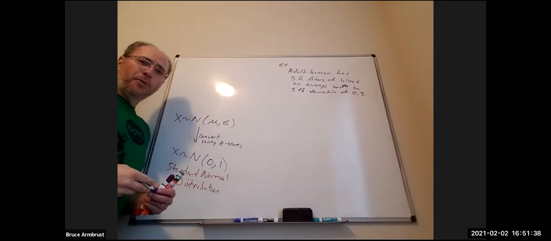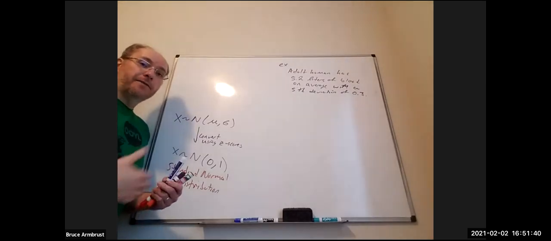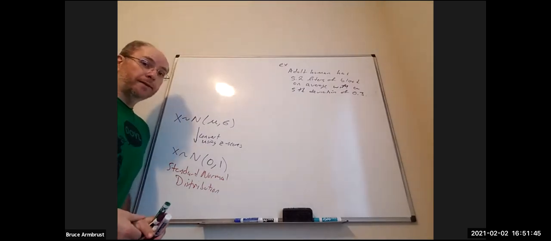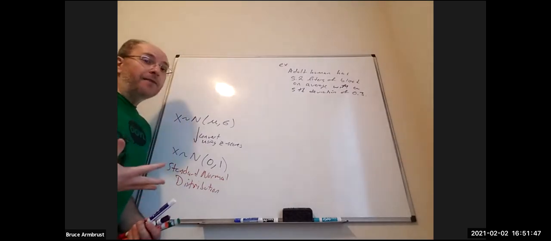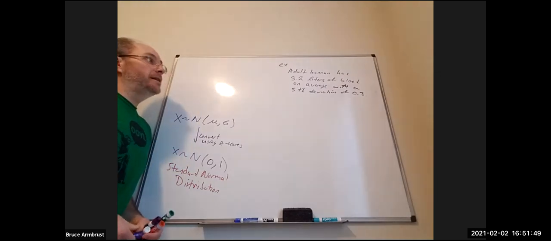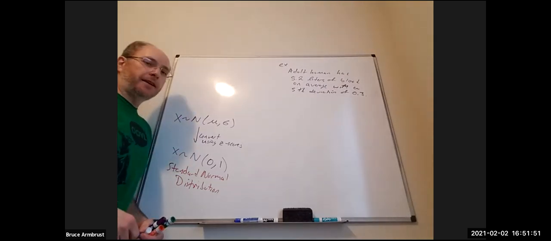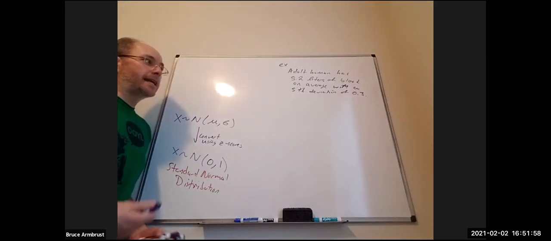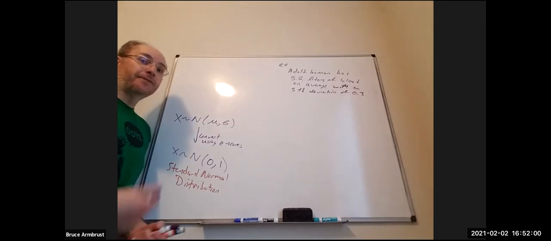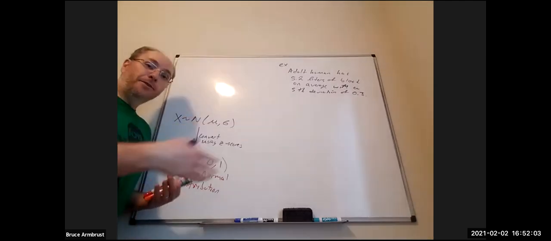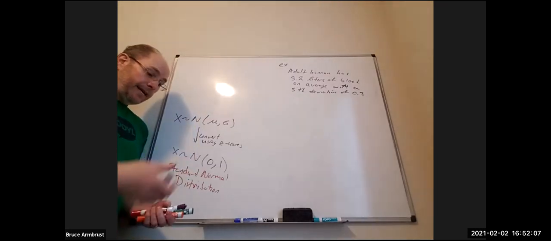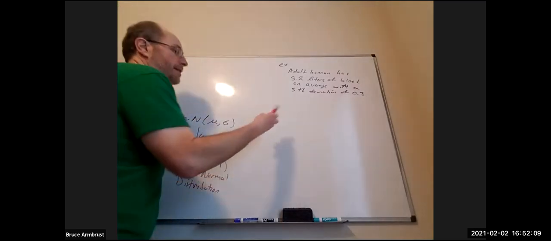That number 0.3 is just giving you an idea of the spread. So remember that empirical rule. We know 68% of adult humans are going to have between 4.9 and 5.5 liters of blood. 95% of people are going to be within 2 standard deviations, and then 99.7% are going to be within 3. So let's just look at that real quick.